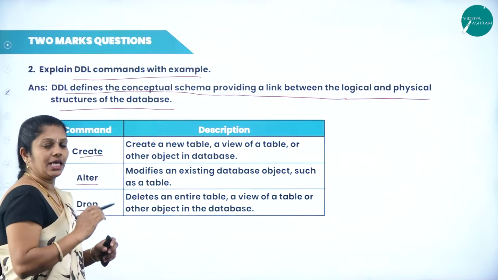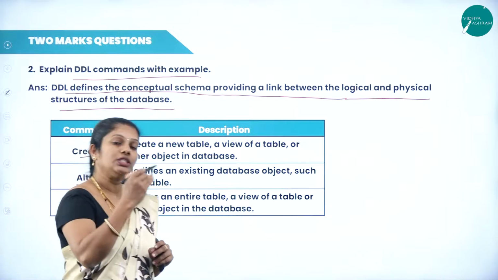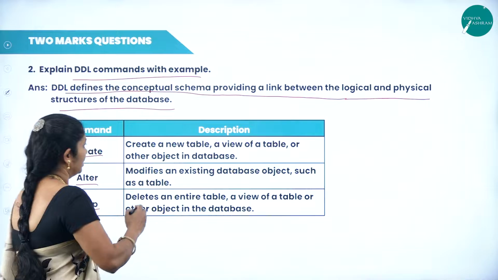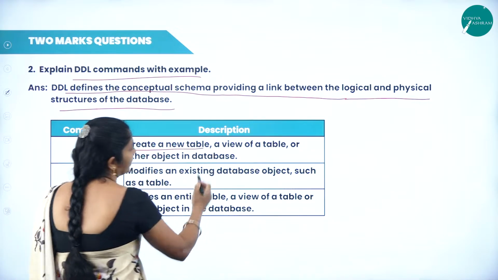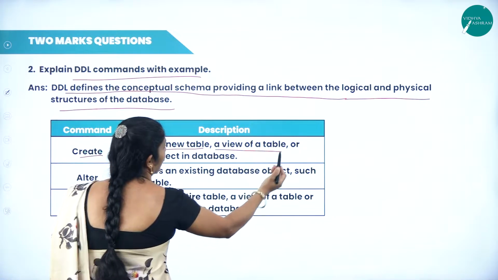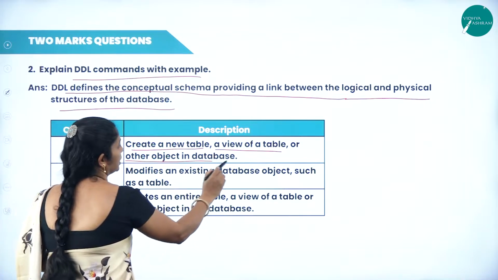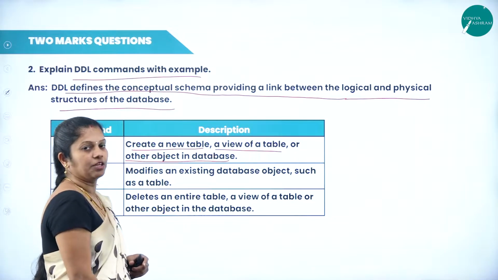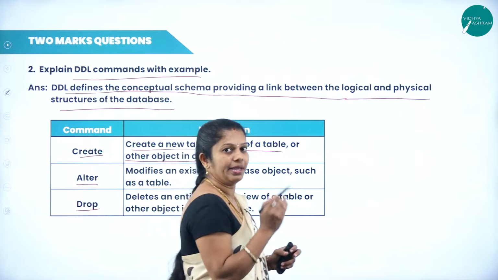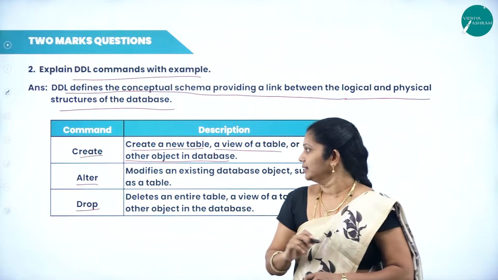Whereas create command is used to create the table, which are the attributes here. That is, create a new table, a view of a table or other object in a database. It is mainly to create the database. We require create command.